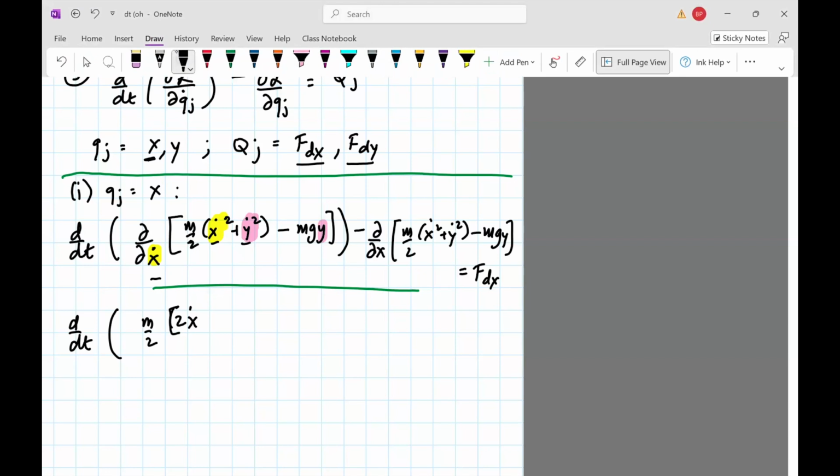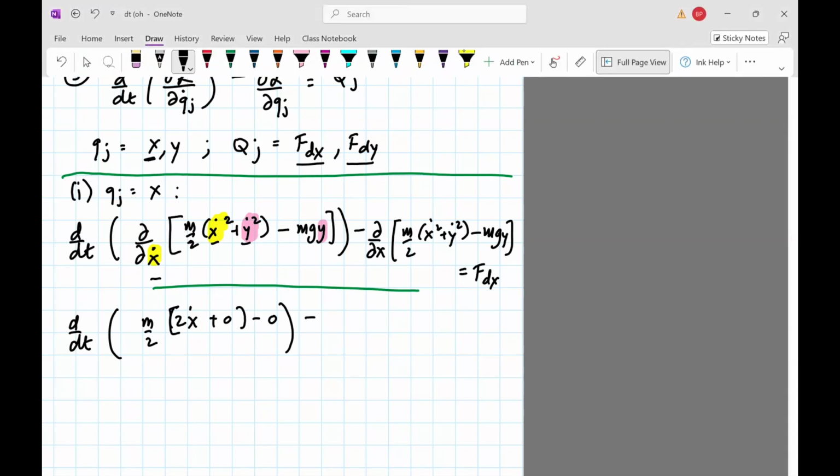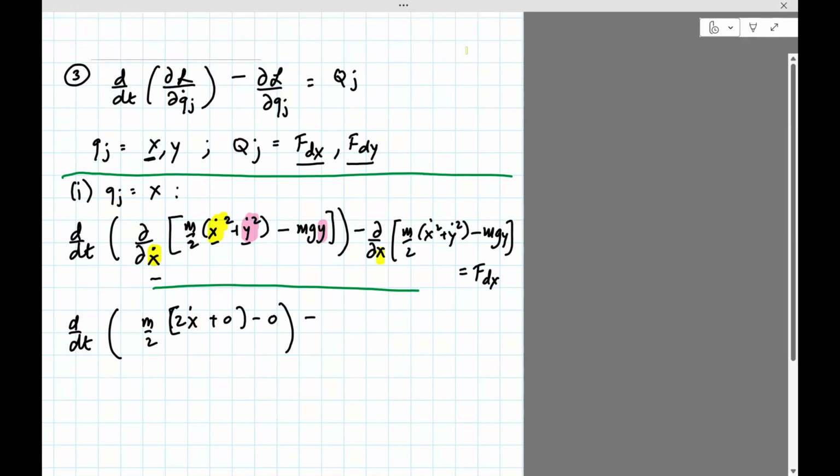So everything else would be 0. Then when you do this part, here's something interesting happening. We have d/dx, and then here we have x dot, here y dot, here y. So x and x dot, y dot are all independent. So that contribution, the entire thing, is 0.